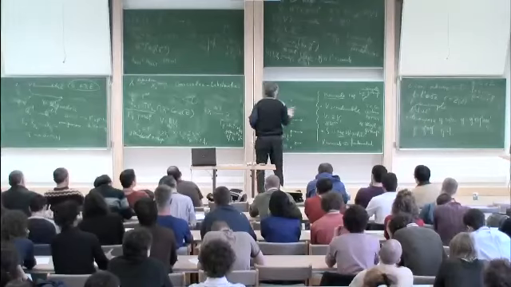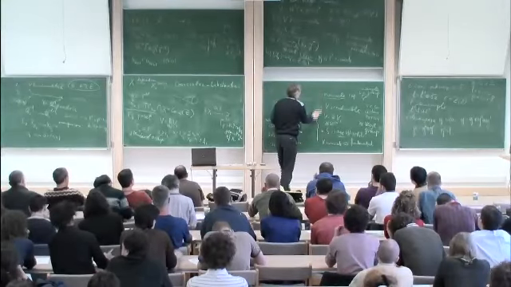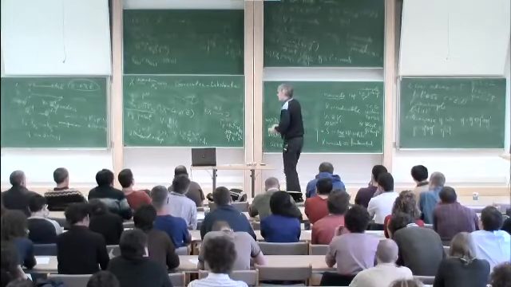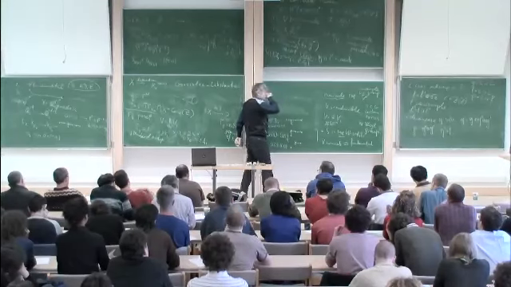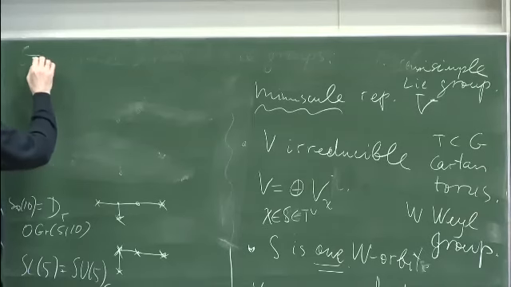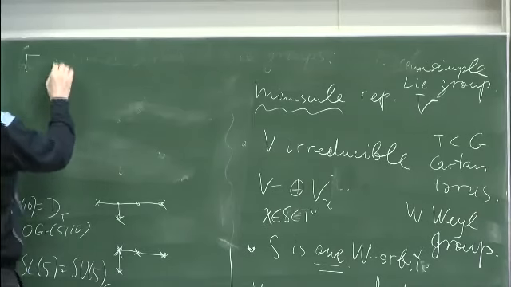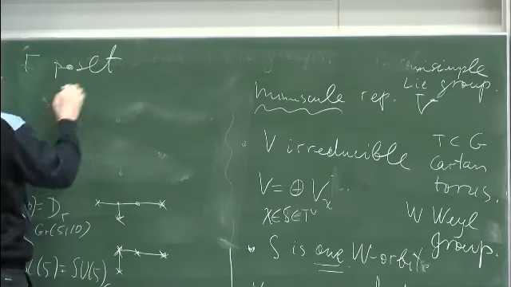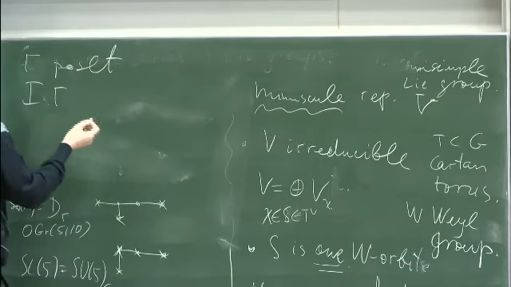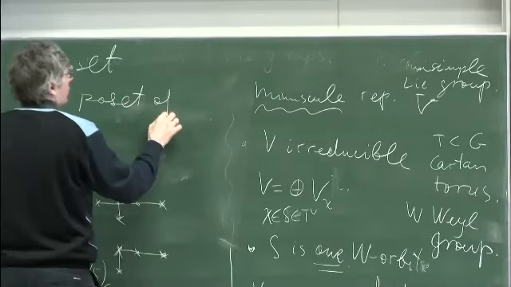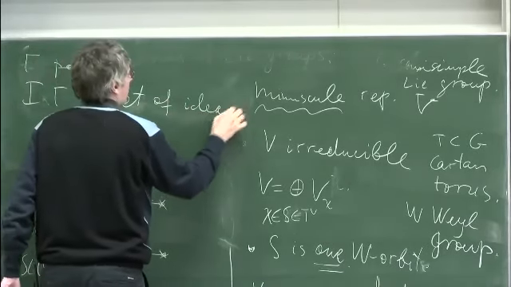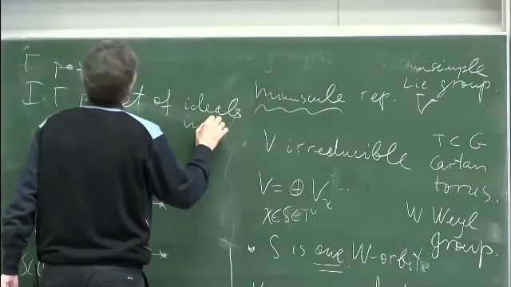There is a relation between gamma Z and gamma X. If gamma is a partially ordered set, then one can consider I(gamma), which is the partially ordered set of ideals in gamma.